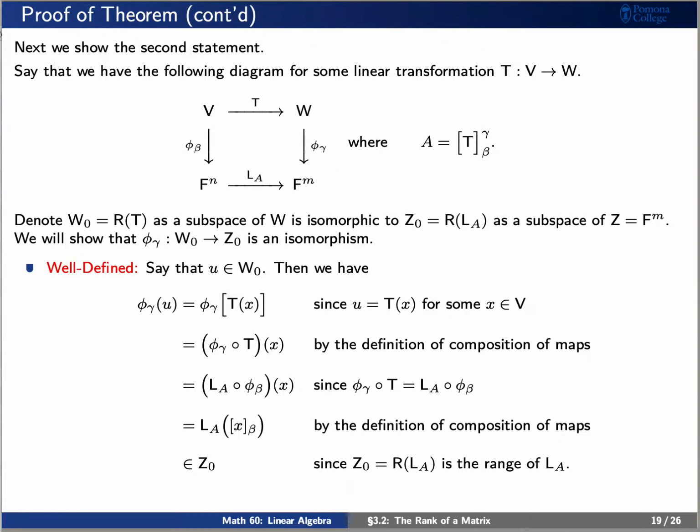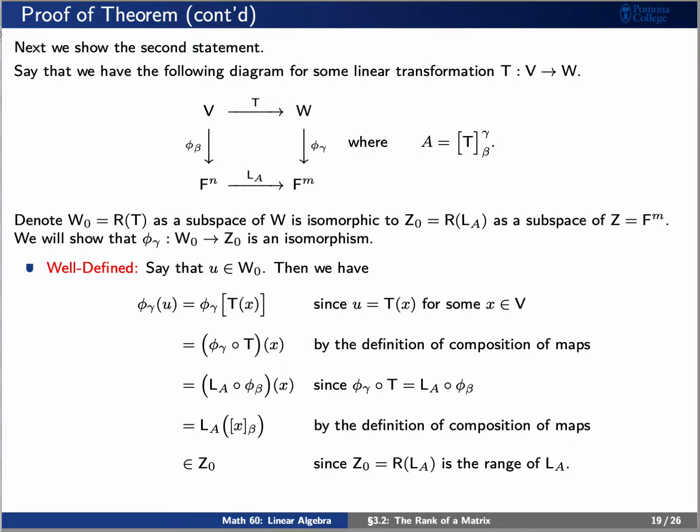This means that if I take an element from W0, then phi sub gamma should return an element in Z0. But this is a matter of simply staring at the arrows. For example, if u is an element of W0, then remember that u must be an element of the range.